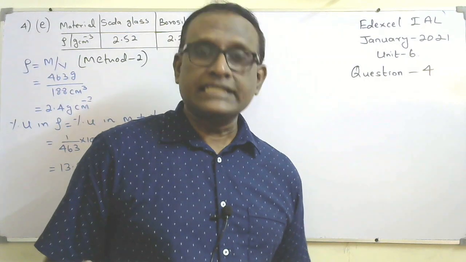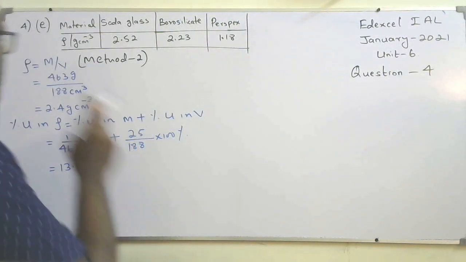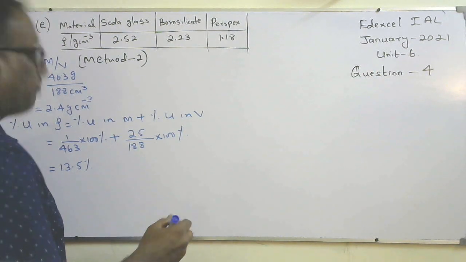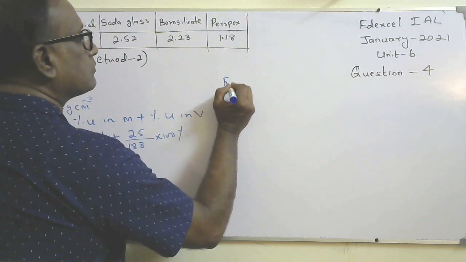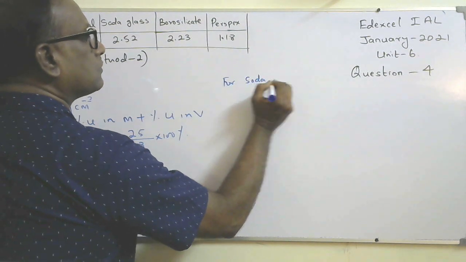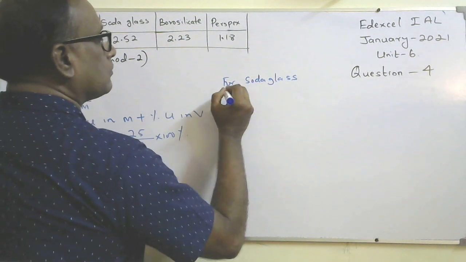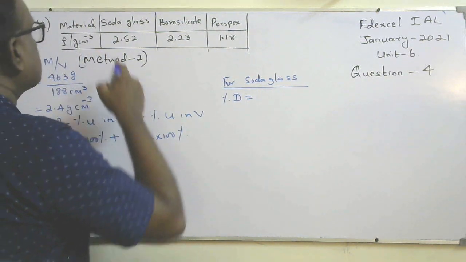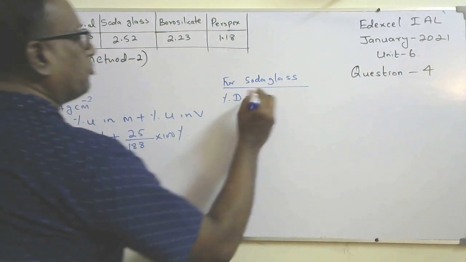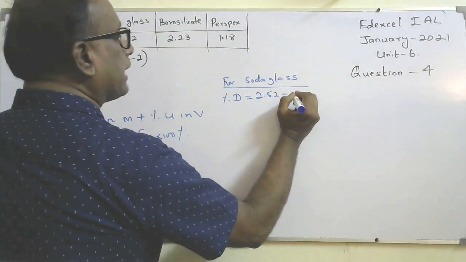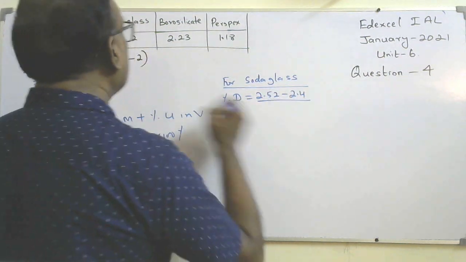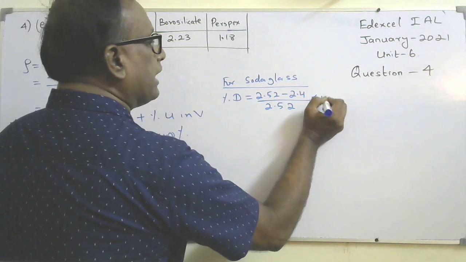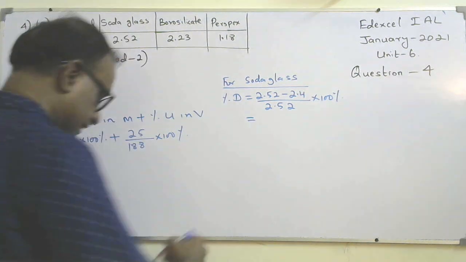Now, I am not going to find the range. I need to find the percentage difference between my density and each of them one by one. For soda glass, percentage difference: this is 2.4, and 2.52 minus 2.4 over the actual value, 2.52, times 100%.